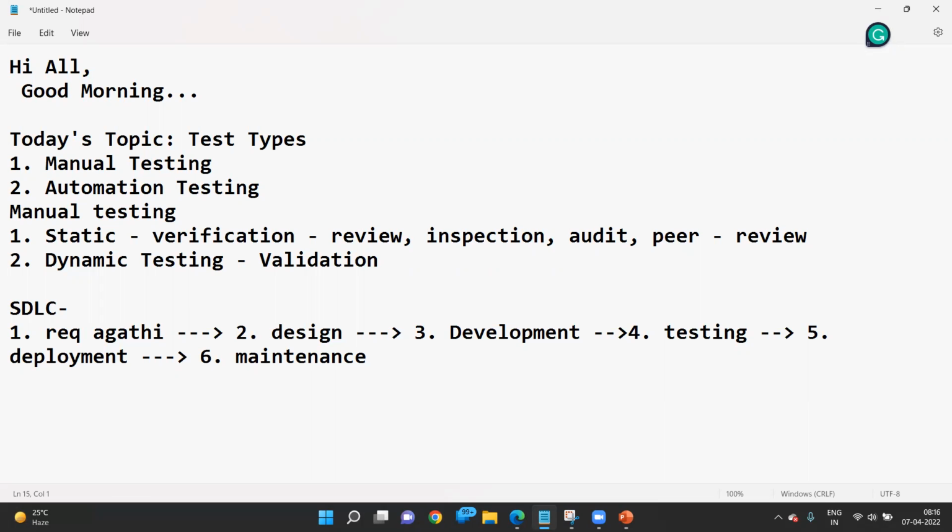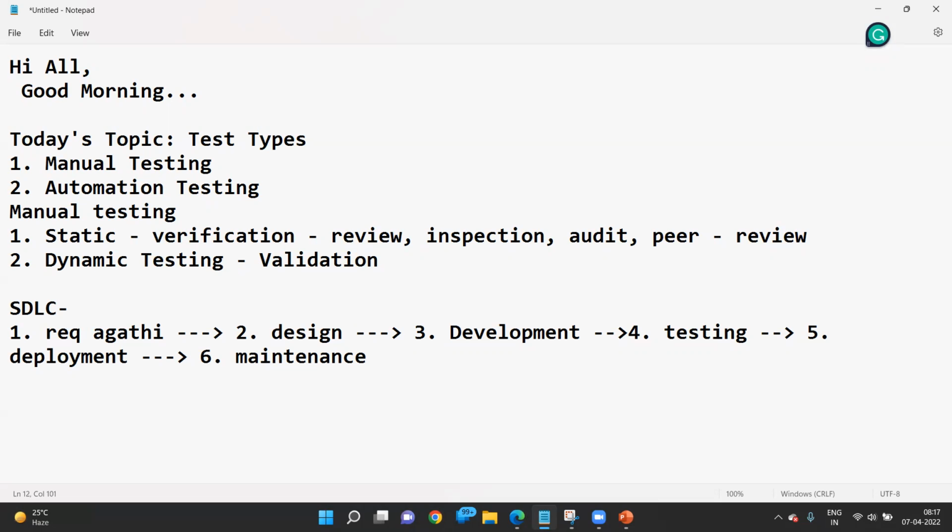The requirements document is called SRS, System Requirement Specification document, or FRS document, or it may have another name given by the project. It might be user stories, use cases, whatever it is. You have to strictly follow those documents while developing the application as well as testing. After getting the requirements, what exactly do we do under dynamic testing?